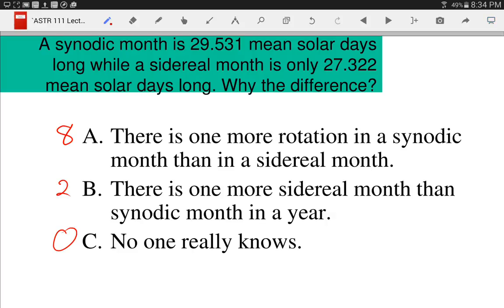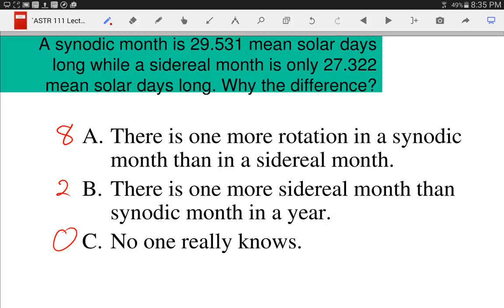Now, the month is also like that. I talked about how many days there are. As the Earth goes around the sun, the moon goes around the Earth, and in one complete cycle, just like the Earth will have one extra rotation in a year than it had for its solar days, the moon has one extra for its sidereal than for its synodic.